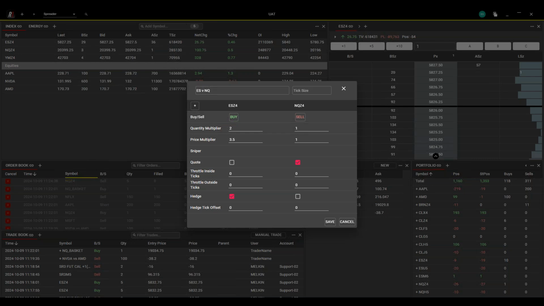What the inside ticks and outside ticks do is limit the frequency with which the spread is repriced. Inside ticks will limit the frequency with which the spread is repriced as it moves toward your desired price. Outside ticks apply as the spread moves away from your desired price.